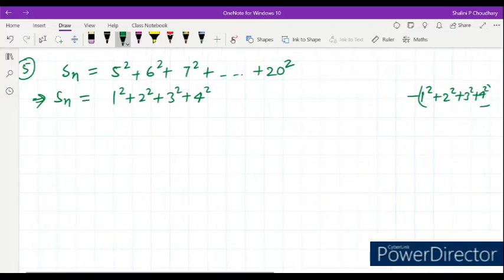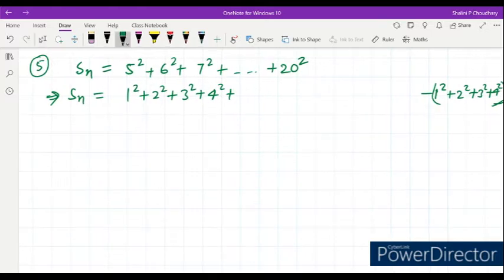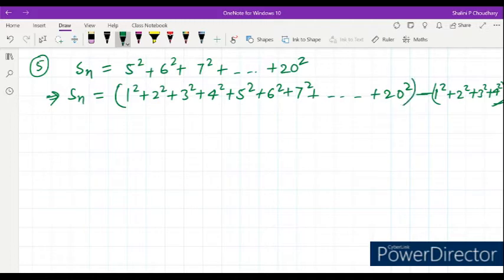So it will be 5 square, 6 square plus 7 square up to 20 square, and we are subtracting this one. So can we write it like this? This is 1 square to 20 square.